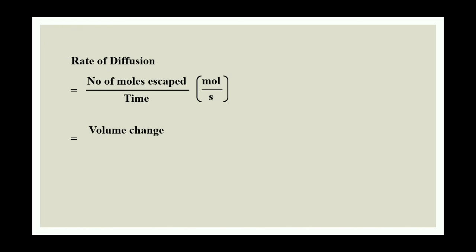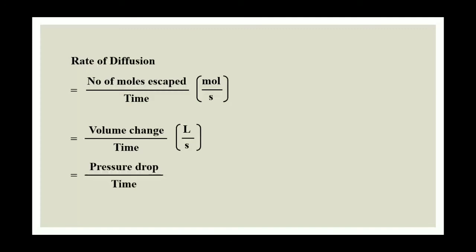There are some other definitions for rate of diffusion as well. Rate of diffusion is equal to number of moles escaped by time, or we can say volume change by time, pressure drop by time. You can define it as distance traveled by time as well. So these are the different equations for rate of diffusion.